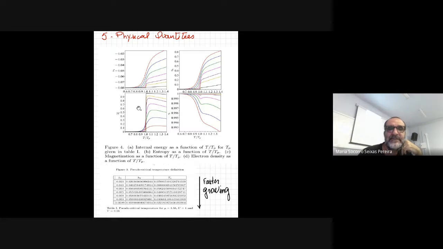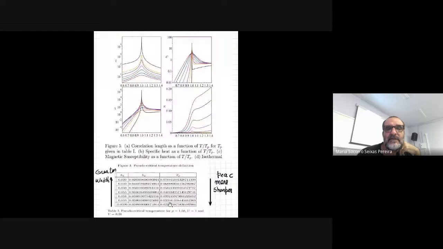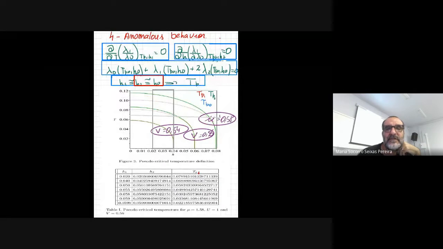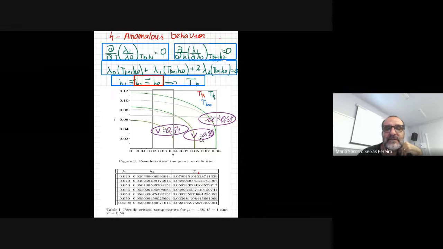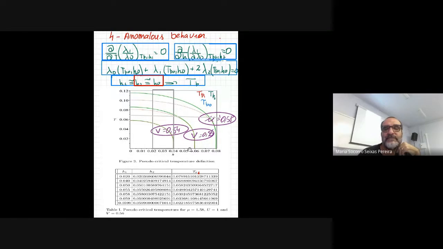If you return here, the very fast jump is associated with this region. The slower jump is associated with this region.